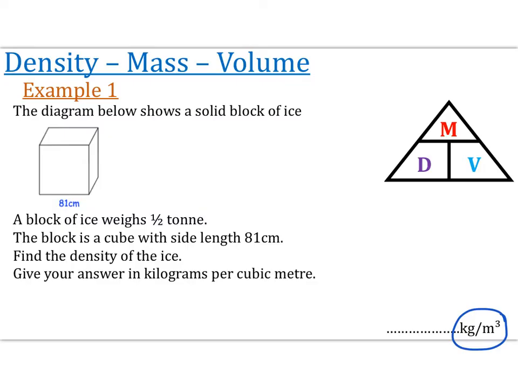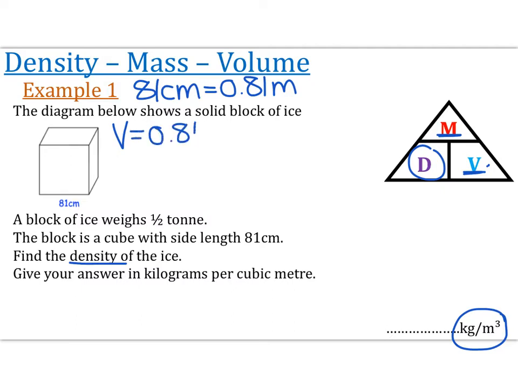They're asking us to find the density, which means we need the mass and we need the volume. I'm going to start by finding the volume because I know how to find the volume of a cube, since we've done that recently. We want this in meters cubed, so I'm going to convert 81 centimeters to 0.81 meters. So the volume of this cube is 0.81 times 0.81 times 0.81.